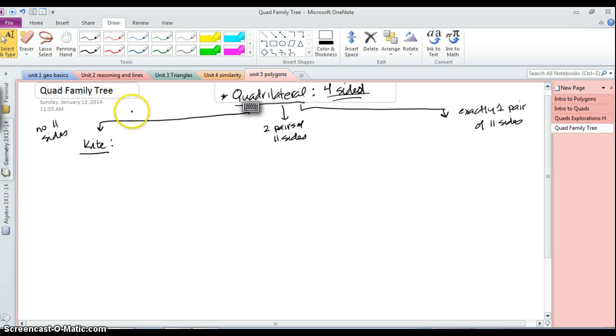So we don't need to restate that. But we do want to say that the kite has two pairs of adjacent congruent sides. That's the definition you guys came up with in class last class, and so that's the one that we're going to stick with.